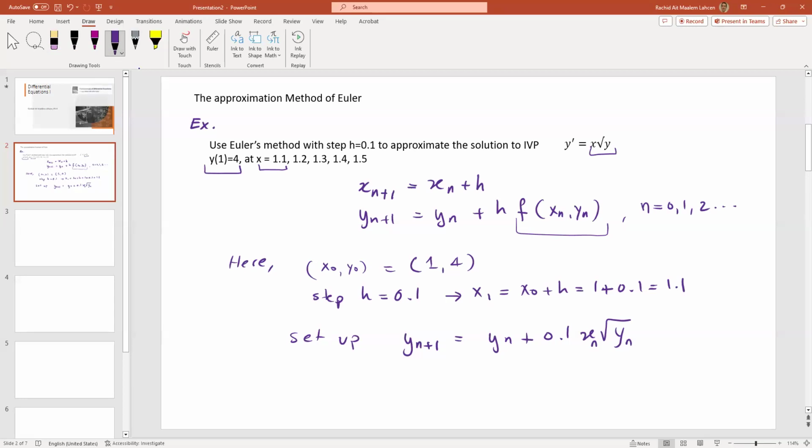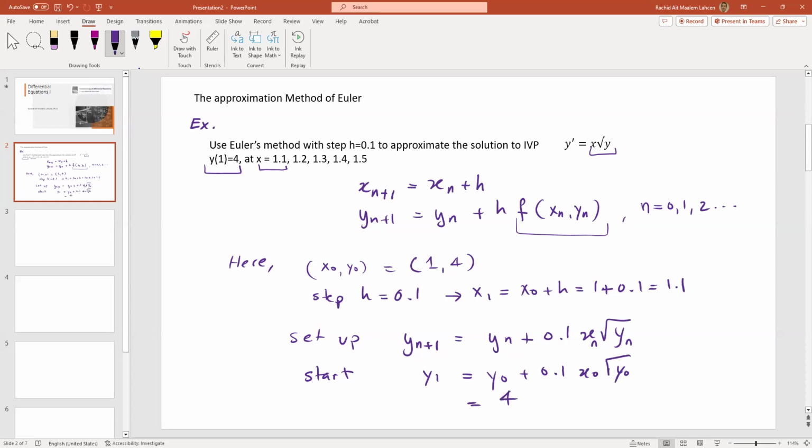So let's start with y1, which we need for x1, which is 1.1. So that's going to be y0 plus 0.1 times x0 times square root of y0.